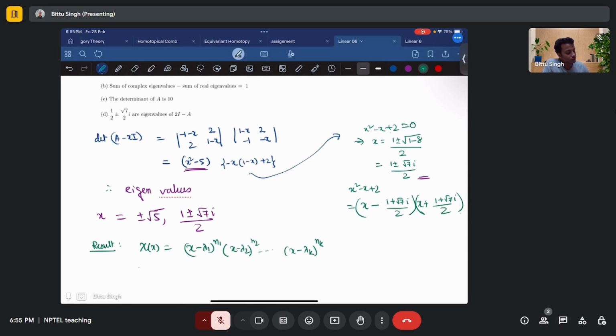Then in the minimal polynomial, all those factors, x minus lambda 1, x minus lambda 2, up to x minus lambda k, occur at least one time. So all those factors divide the minimal polynomial.